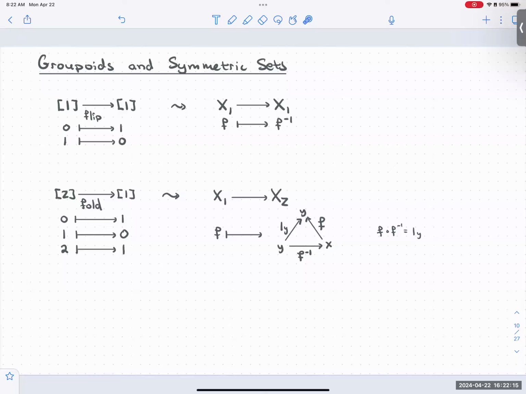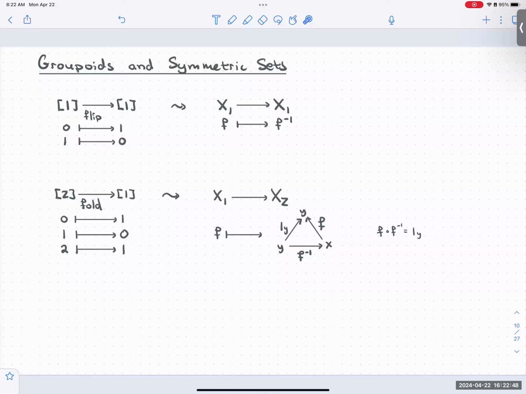So for example, I also have this fold map that starts at bracket 2, goes to bracket 1. 0 goes to 1, 1 goes to 0, 2 goes to 1. So I think about this as sort of folding 2 into 1 that keeps this middle point where it is. And there's another fold map that does the opposite thing.